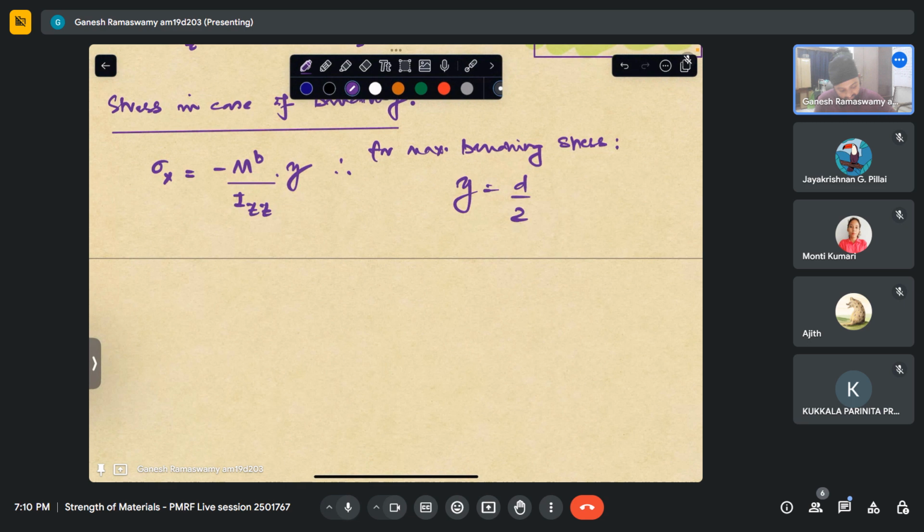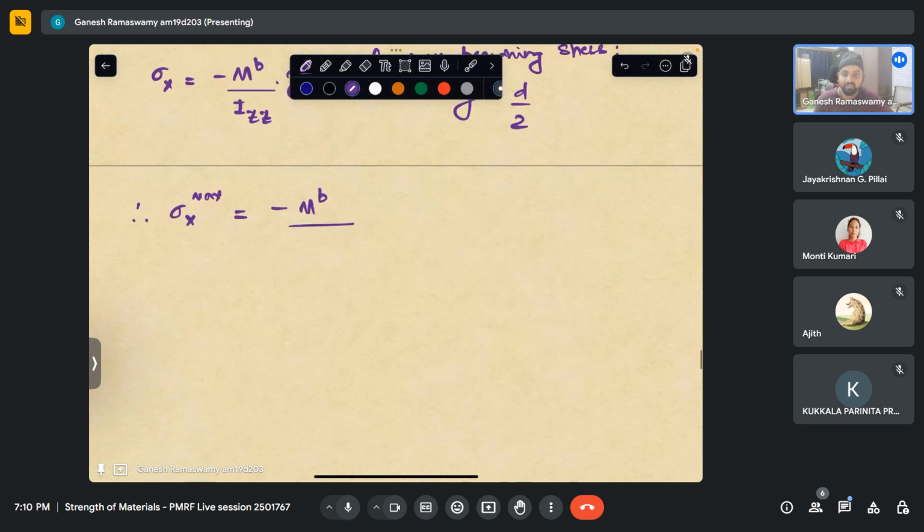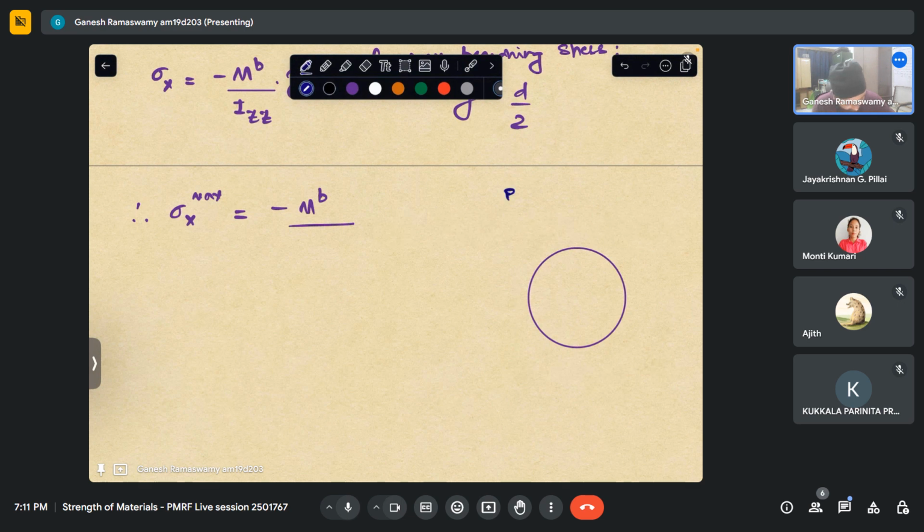sigma x max in this case is minus Mb by Izz for a circle, where z is pointing out of the plane of the paper. I'm sorry, we have the section like that. For the bending analysis, my axis is like this.